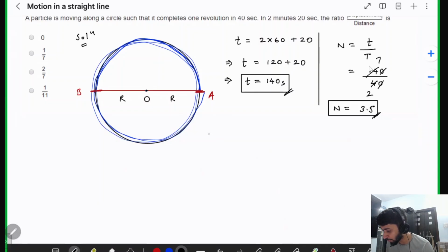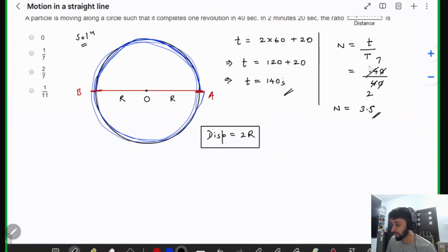So the displacement will come out as 2 times the radius. So I got the displacement as 2r, and the distance. How much will be the distance here?